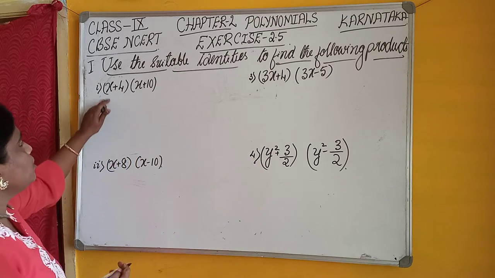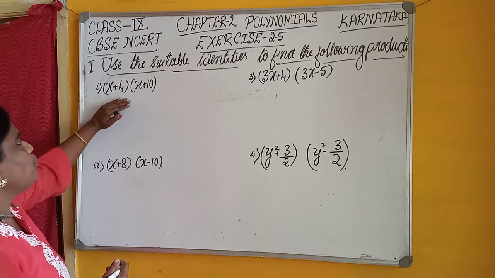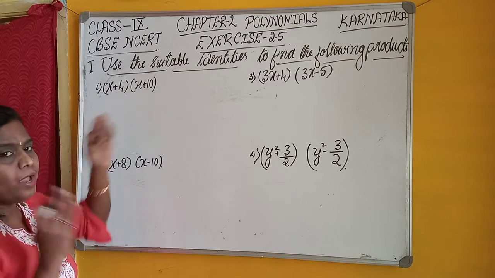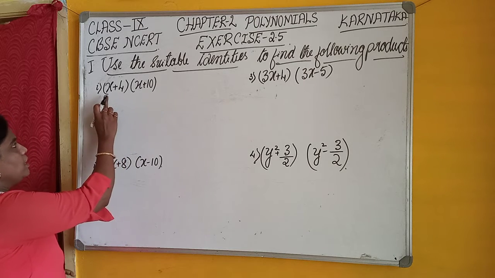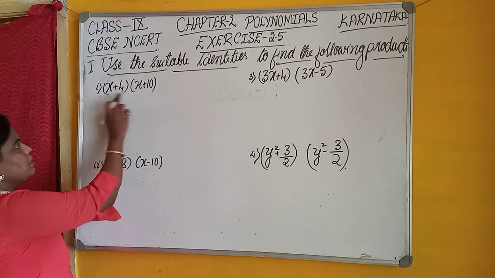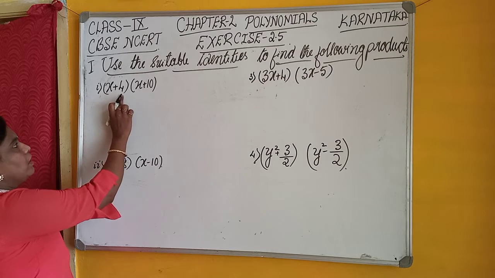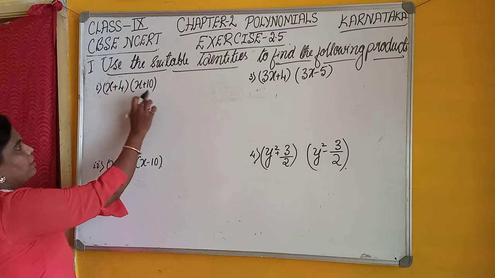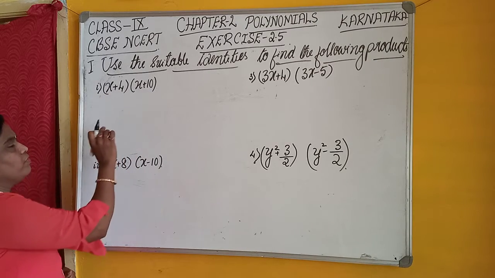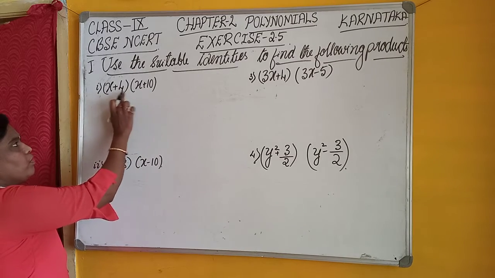Now, the first one is given: x plus 4 and x plus 10. You have to analyze which identity is suitable for this. Here the first term x and x are the same, and here the second terms, 4 and 10, are different.